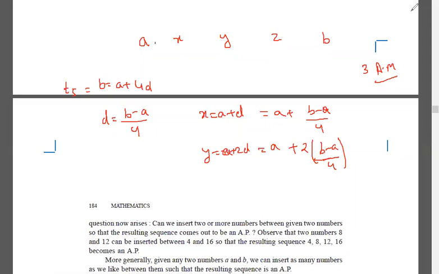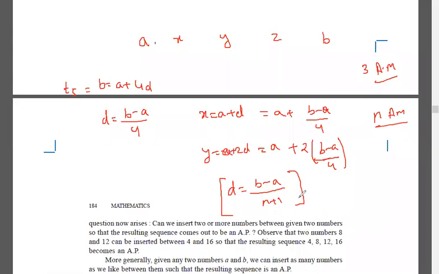So if I'm inserting 3 AMs, you're doing (B minus A) by 4. What will be the formula for inserting n AMs? So what should be the formula for D? D should be (B minus A) by (n plus 1). Agree? Because if you're inserting 3 AMs, it is (B minus A) by 4. So if you're inserting n AMs, it should be (B minus A) by (n plus 1).